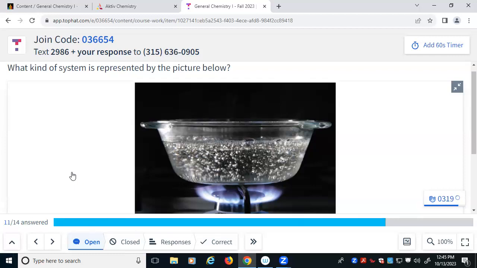It's sitting here on a burner top. The burner is clearly having an effect on the water because it's boiling. So we know that energy is being transferred in and out. It becomes a matter of, do you think that is open or closed? Well, it doesn't appear to have a lid on it. So the answer here is open.